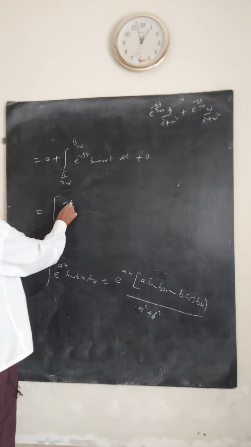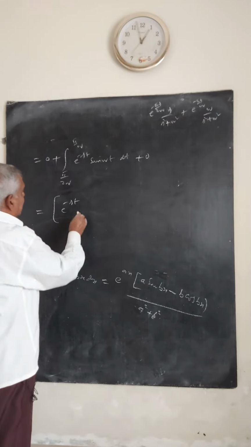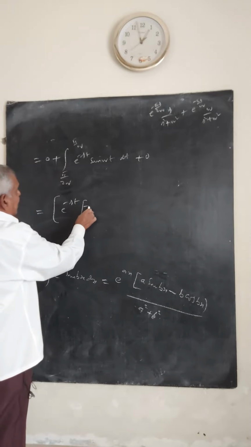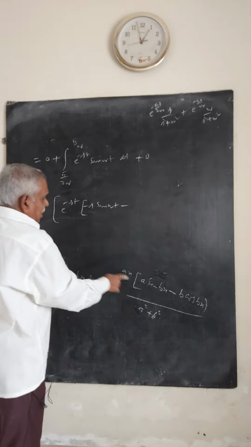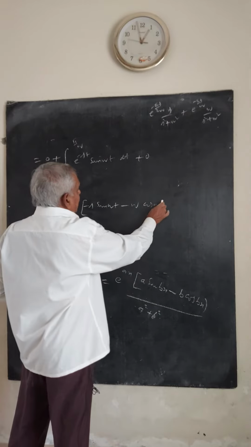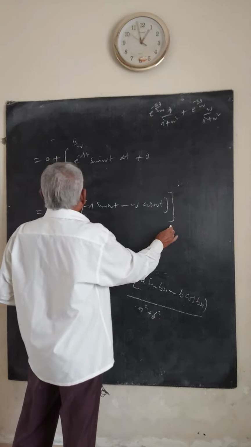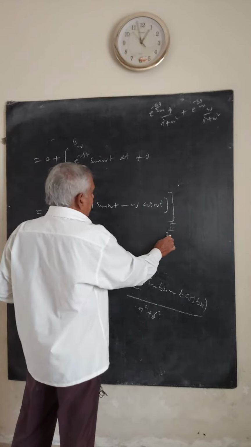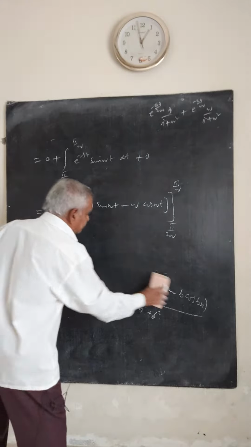E power minus st, here a is minus s, so the bracket is minus s sin omega t, common negative, b is omega, cos omega t, with limits pi by 2 omega to pi by omega.